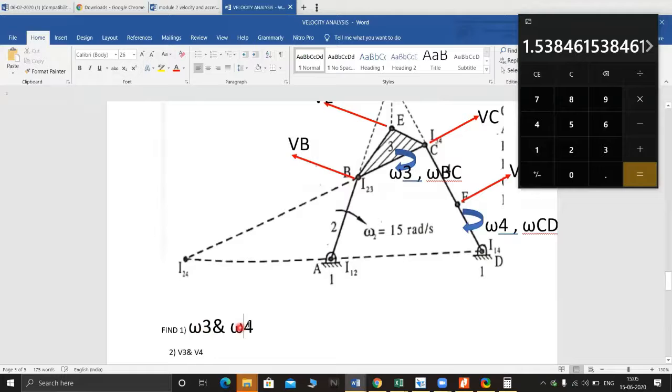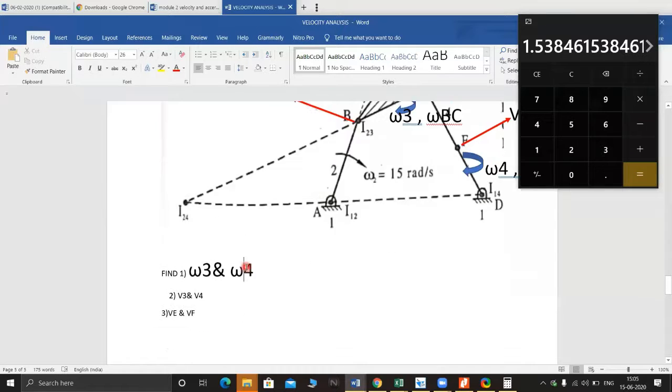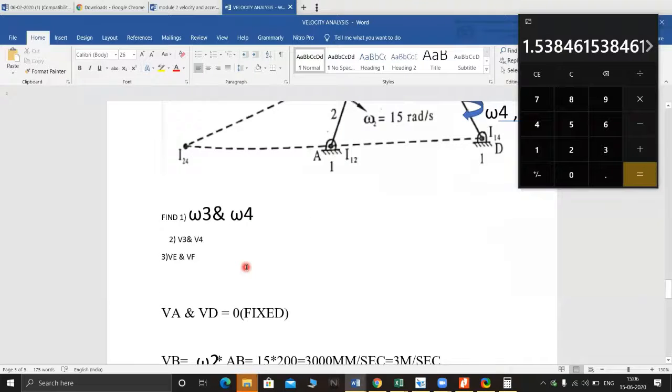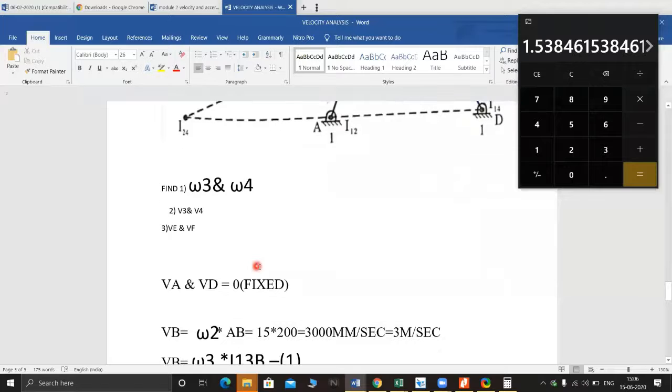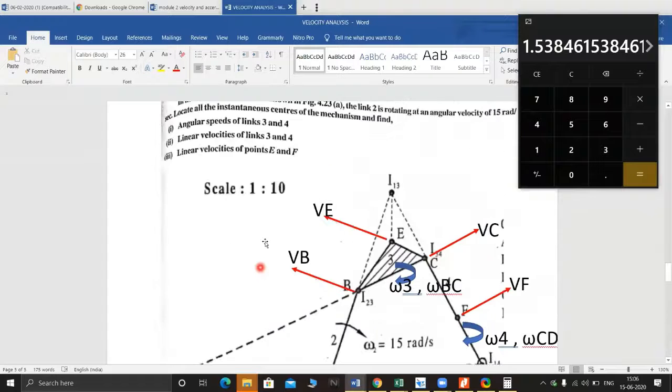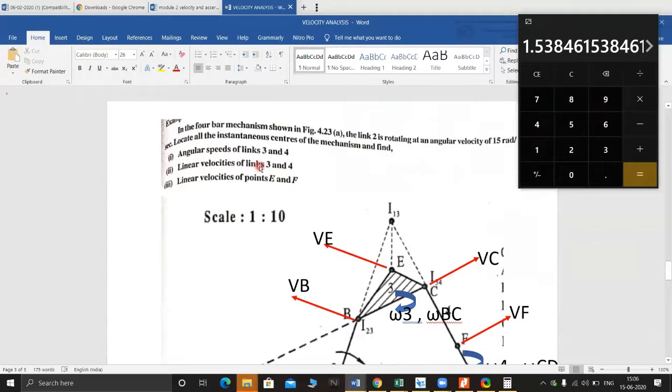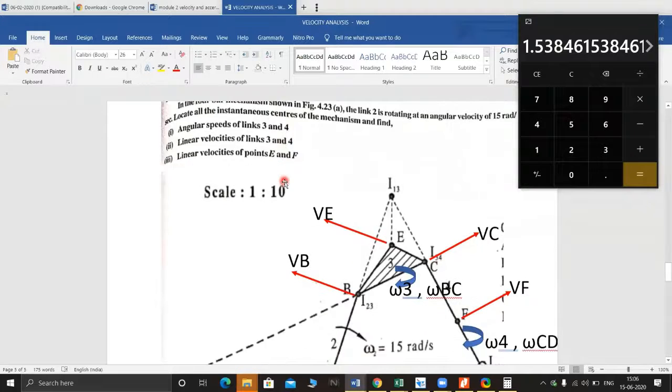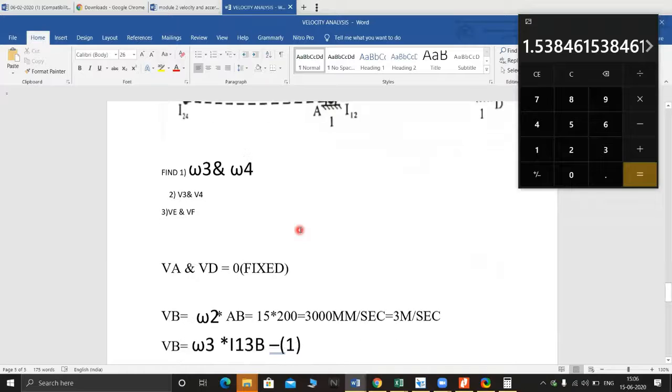Omega 3 we got, omega 4 we got. Correct? Yes, sir. We got the angular velocity of both link number 3 and link number 4. Let me see the second question. The second question is the linear velocity of link number 3 and link number 4. So what is the linear velocity of link number 3?